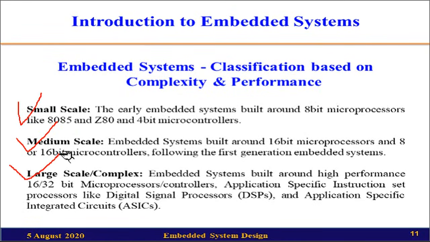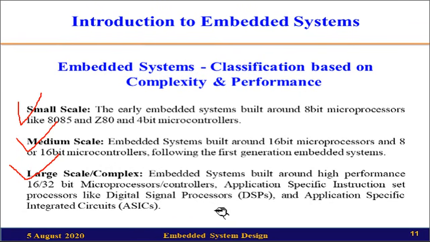Coming to the third category, that is large scale or complex category. You can consider here the third generation and even the fourth generation, which are comparable to the large scale or complex.